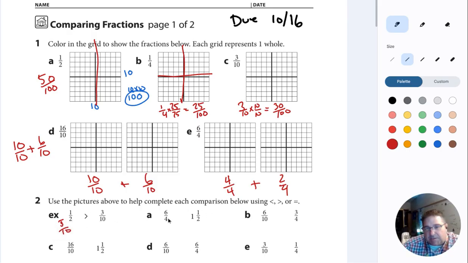How about this one? 6/4 versus 1 1/2. Well, that 6/4, we can think about 4/4, and yeah. I was almost going to go to a little lighter of a stroke on this pen, but that's 1 2/4, right? In fact, I think I might do that for the rest of these, because we're getting some notes down here.